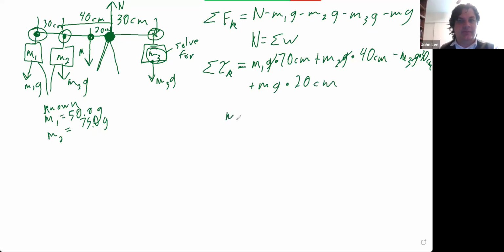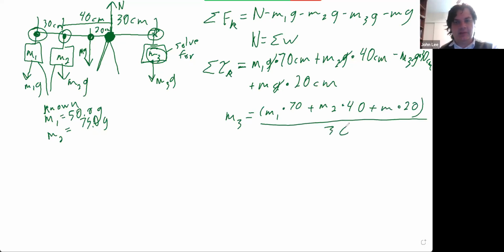So when we solve for M3, it's going to be equal to M1 times 70 plus M2 times 40 plus M times 20, divided by 30.